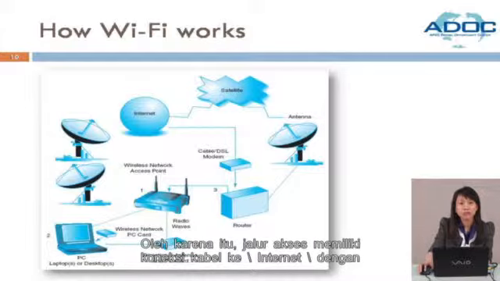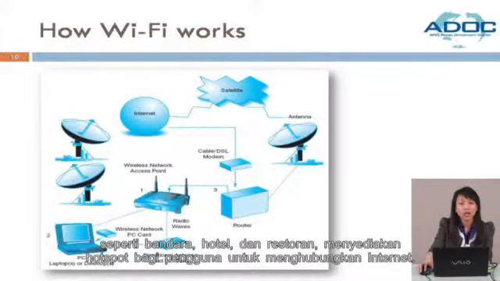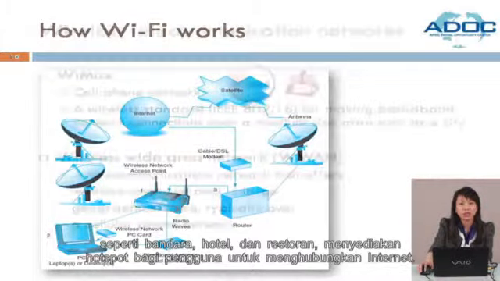Therefore, the access point has a wired connection to the Internet in the same manner as the wired LAN cable. Based on the Wi-Fi technology, public places such as airports, hotels and restaurants provide hotspots for users to connect to the internet.